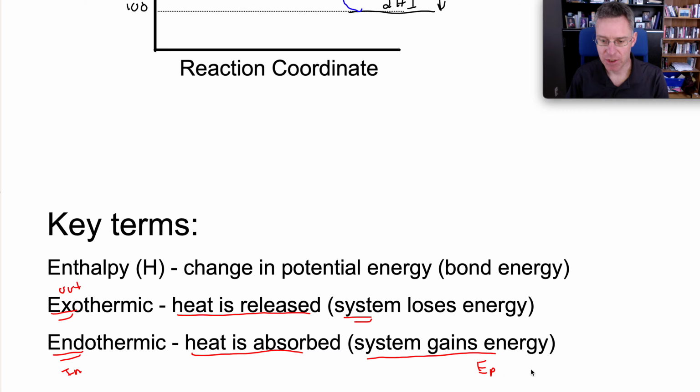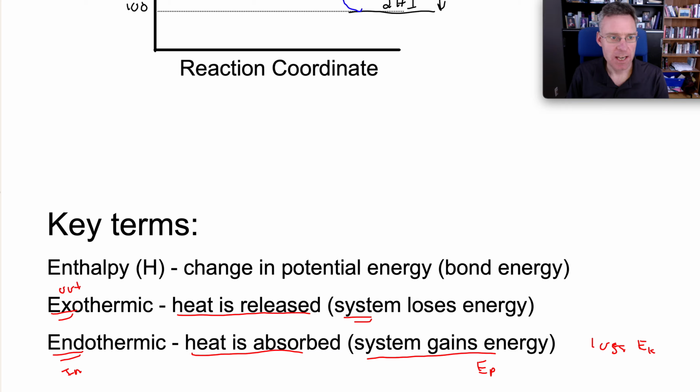Energy has to be conserved, so there's going to be some loss of kinetic energy from the surroundings. In an endothermic reaction, if you touch it, it's going to be taking some kinetic energy from your hand. Your hand is going to feel cooler as it's lost kinetic energy and it's been stored in the bonds.